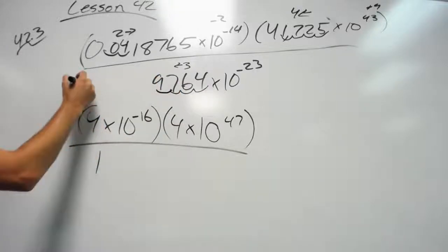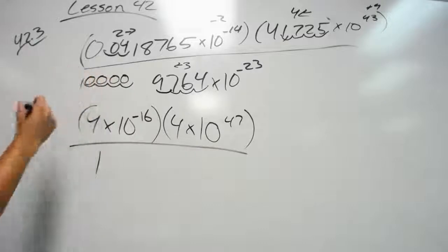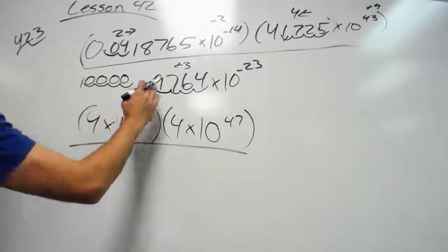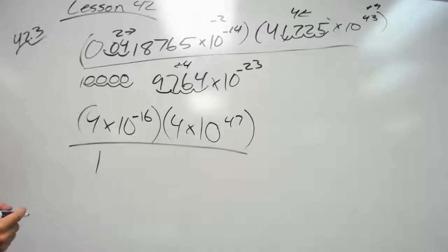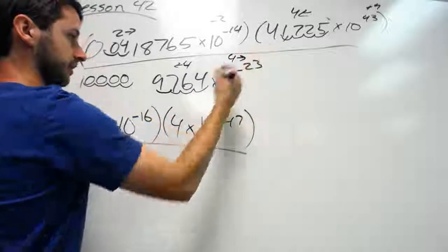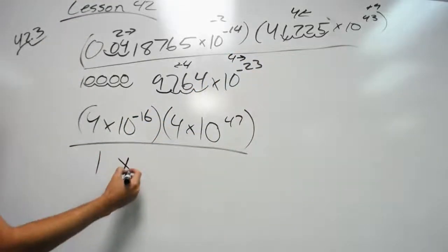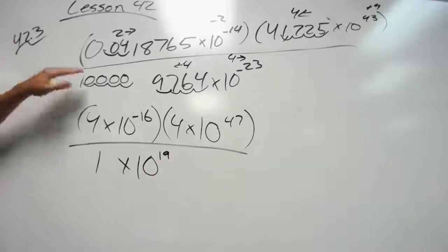Because if you had 10,000, you would have 1, 2, 3, 4 spots. So what we're actually going to say is 4 to the left. So when we add 4 to the right here, that's like saying plus 4, that gives us times 10 to the 19th power. So that's how you do it if it's funky like that.